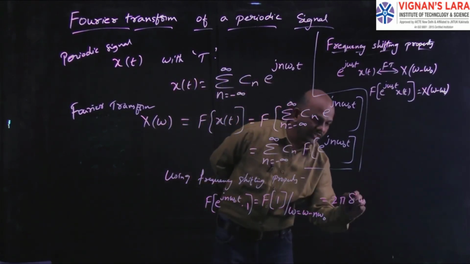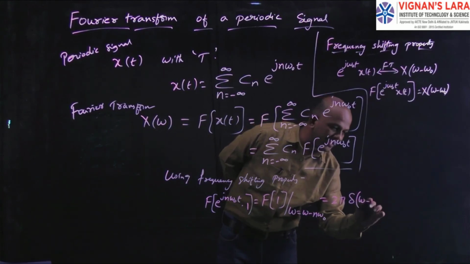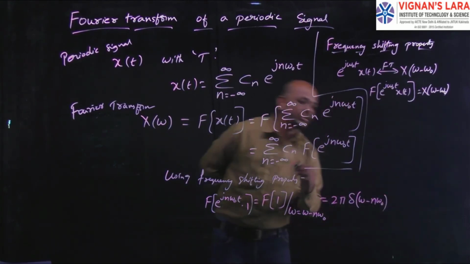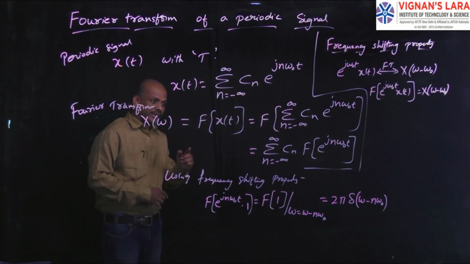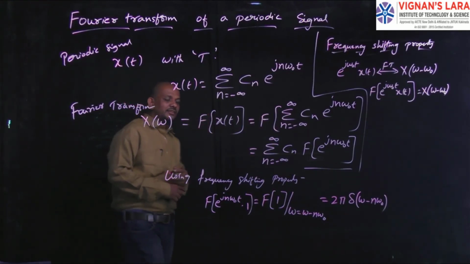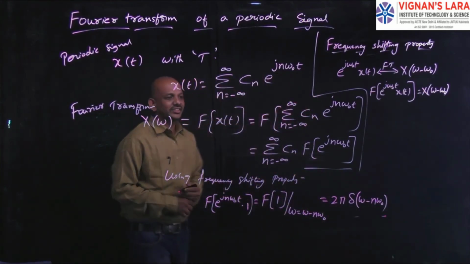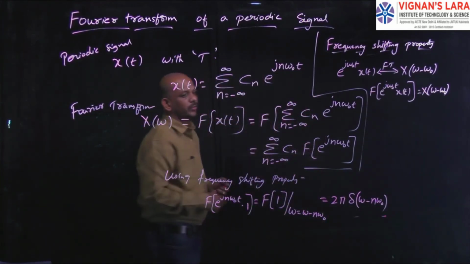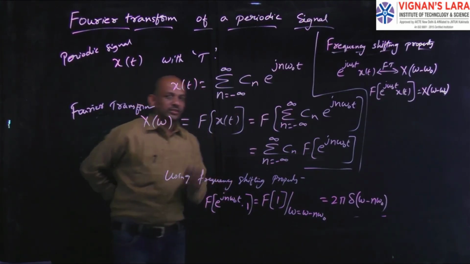So what do you write? 2 pi del of omega minus n omega naught. So this is the value of the Fourier transform of e power j n omega naught t. Clear?